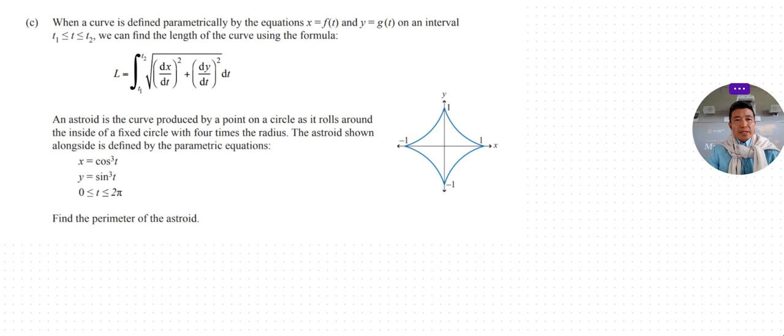An astroid is the curve produced by a point on a circle as it rolls around the inside of a fixed circle with 4 times the radius. The astroid shown alongside is defined by the parametric equations like this, t is between 0 and 2 pi. Find the perimeter of the astroid, meaning this blue curve.